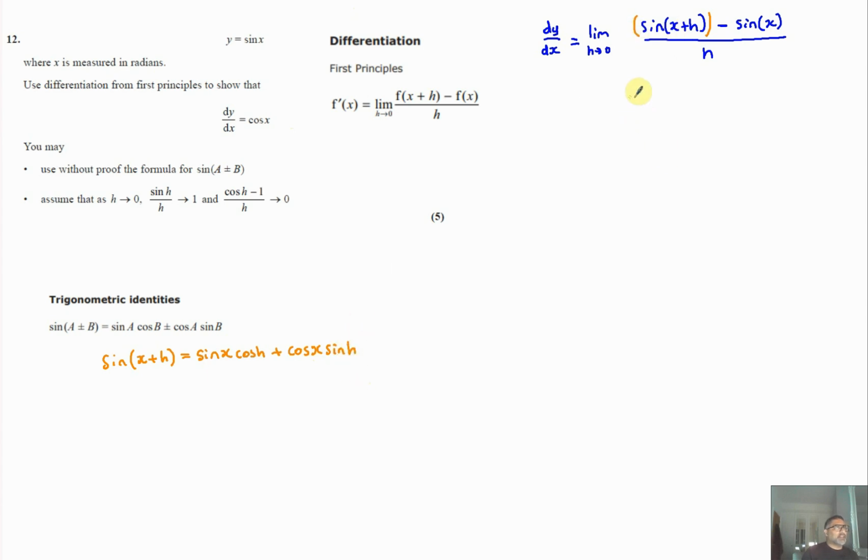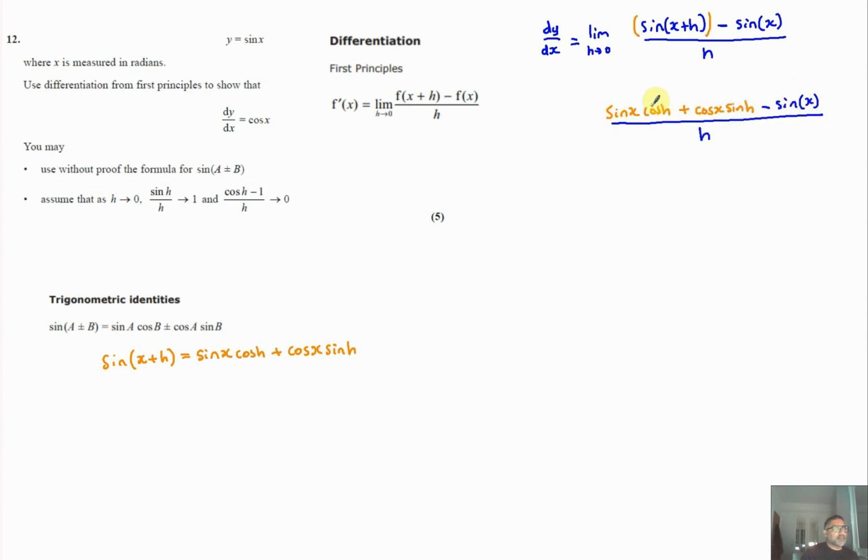So I can replace that there. So sine x cos h plus cos x sine h, and then the rest of it will be the same, minus sine x over h.